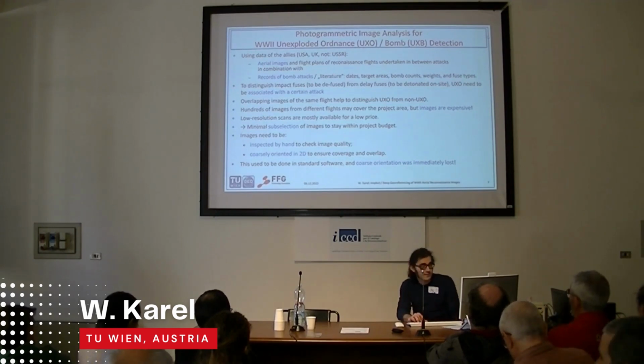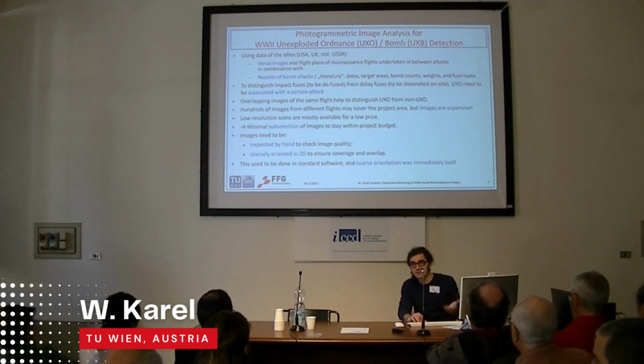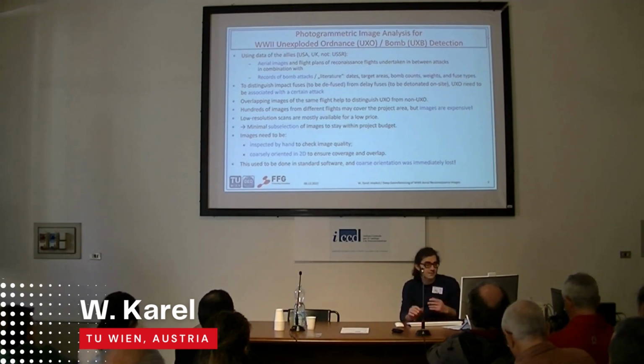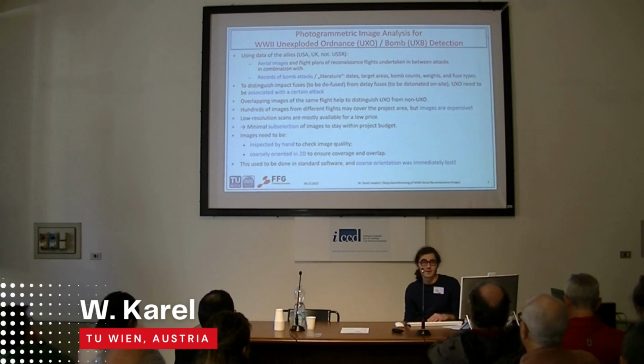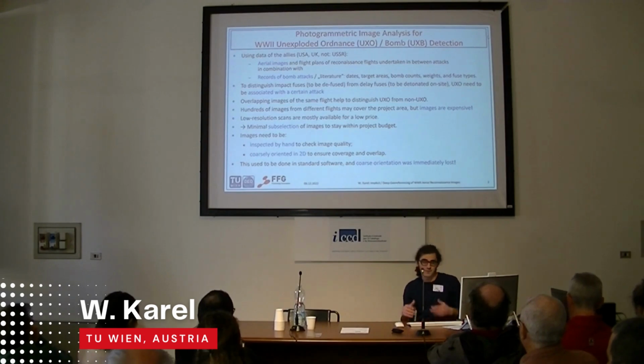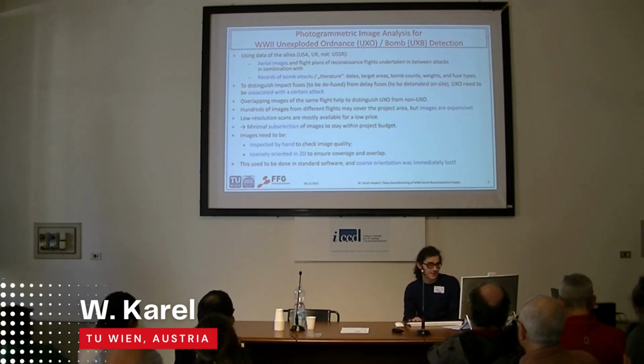Now, when doing this subset selection, generally one needs to inspect each and every image just in order to check the quality. The metadata sometimes says it's cloudy or snowy or whatever, but you want to make sure that your specific project area is actually well imaged in that specific image before you purchase it.